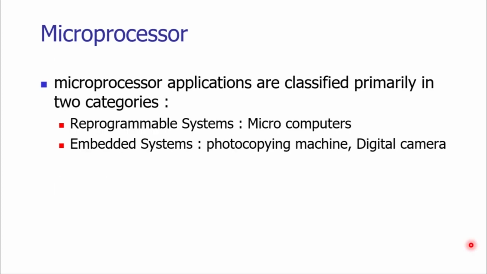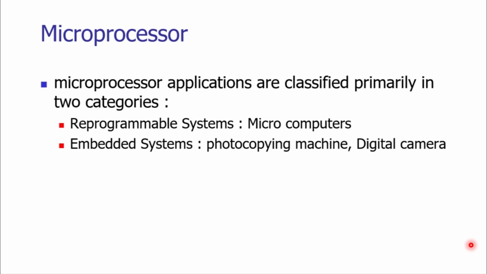The applications of the microprocessor can be classified basically into two categories. Based upon the applications, we can say that the microprocessor can be utilized as a reprogrammable system device, such as the microcomputer. So whatever computing devices we have, we can reprogram these systems. We can change the operating system.